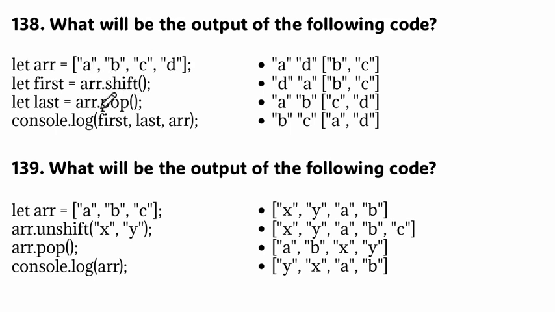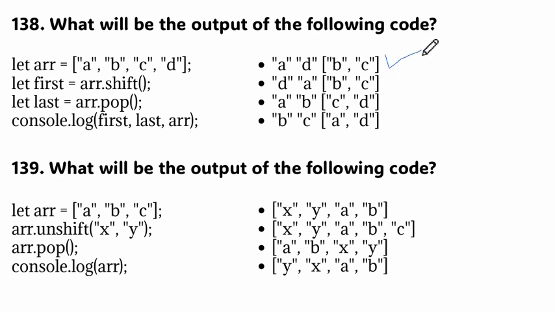So you can see inside the console.log we have given first, last and array. So A has been removed and D has been removed, so B and C remain.